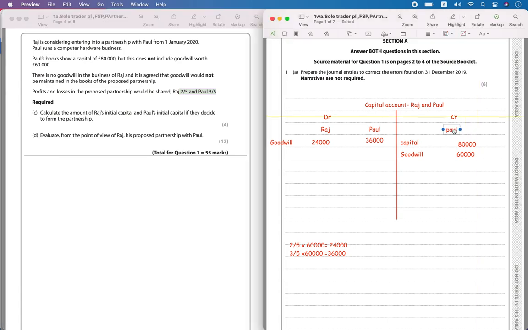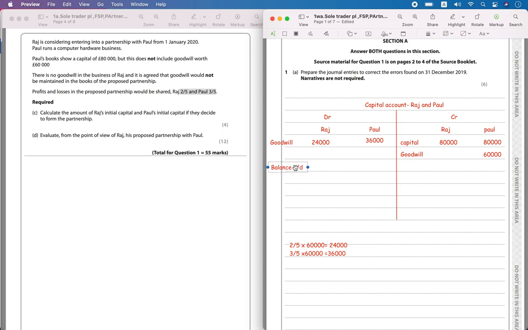So let's adjust the capital here. Now this is going to be balance c/d.